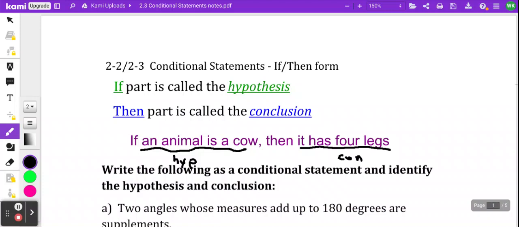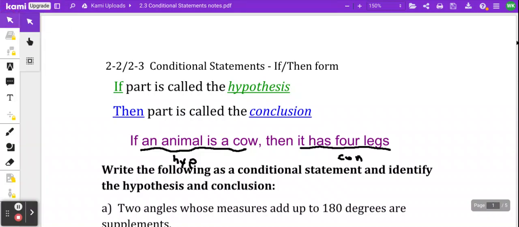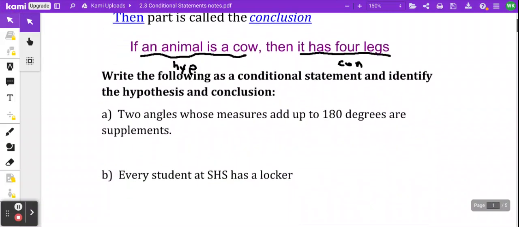So example number 1: write the following statement as a conditional statement and identify the hypothesis and conclusion. Two angles whose measures add up to 180 degrees are supplements. That's the statement we gave you, and now we would like to write this in if and then form. Okay, I'll try to type it.